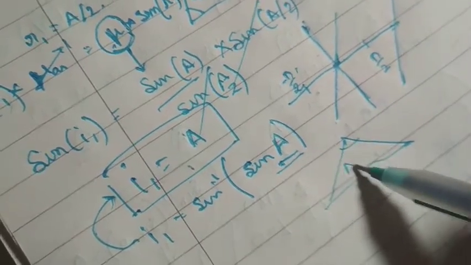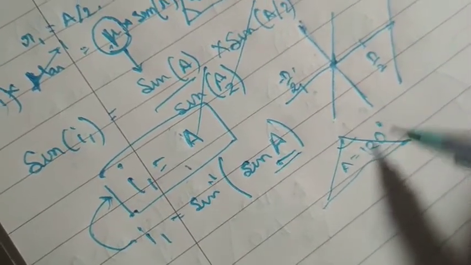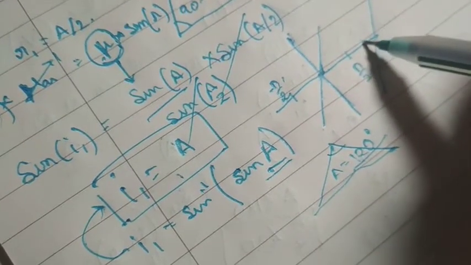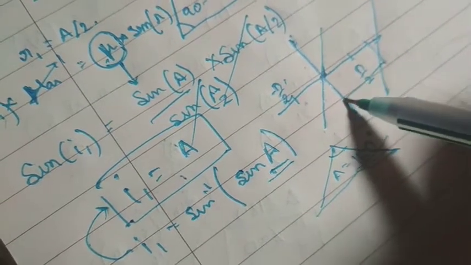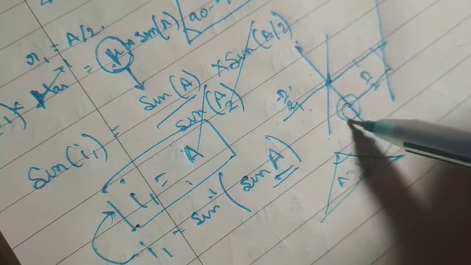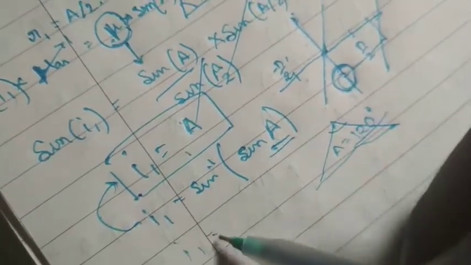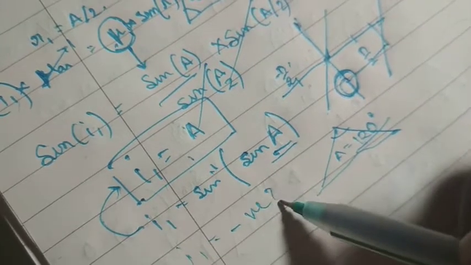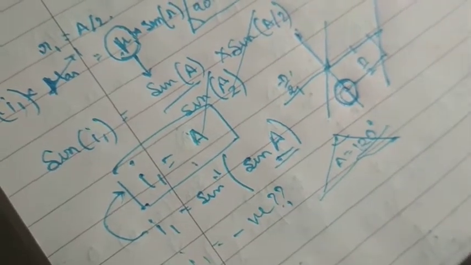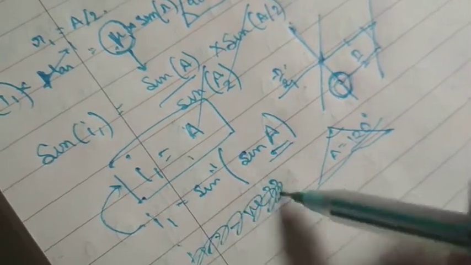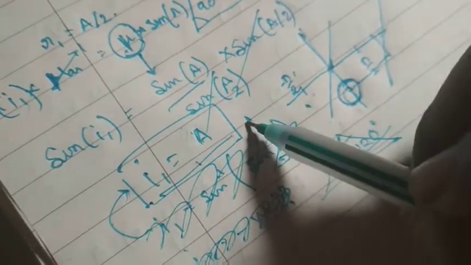So A can be like 120 degrees. So if A is 120 degrees, sine inverse of sine theta will be something negative, but i1 is negative? I don't know.